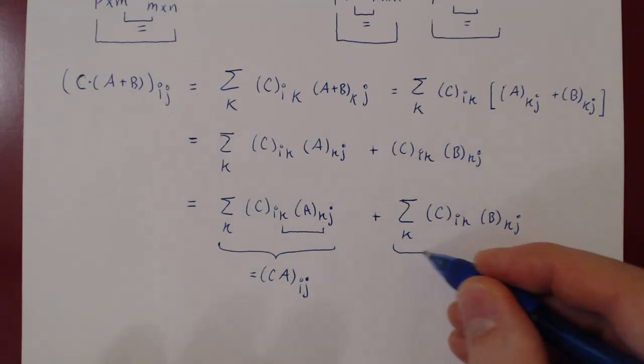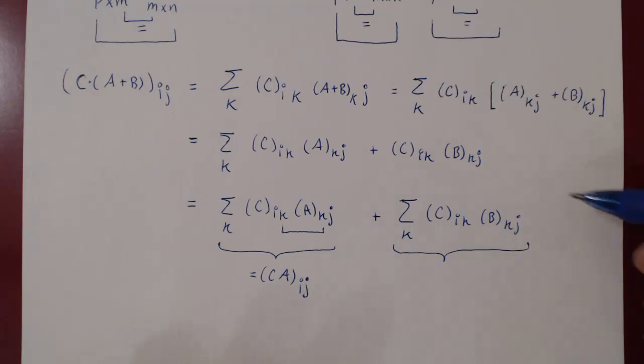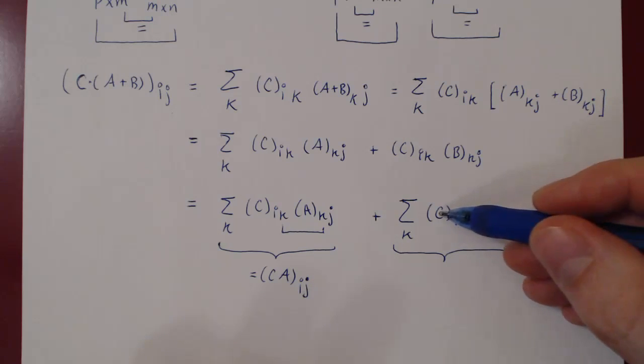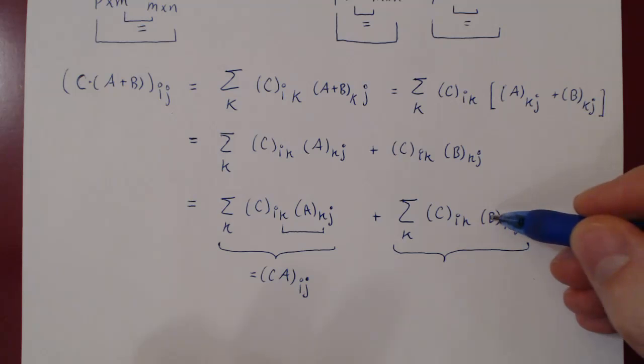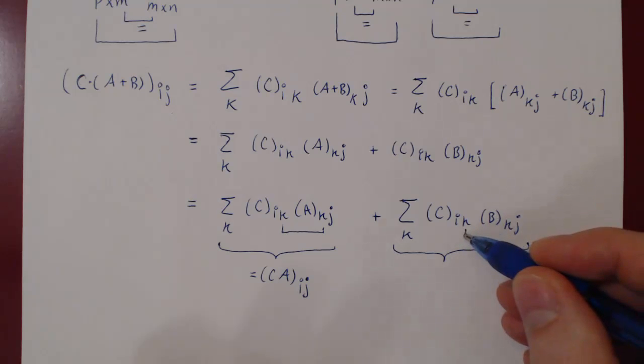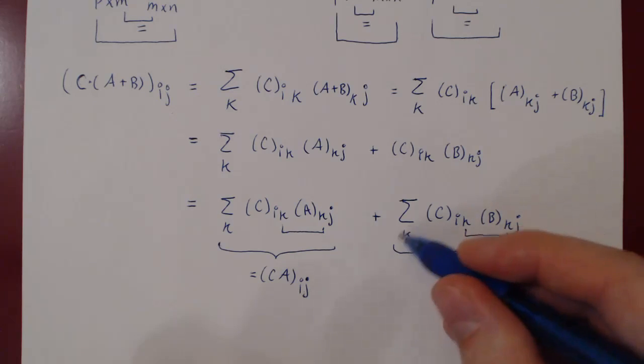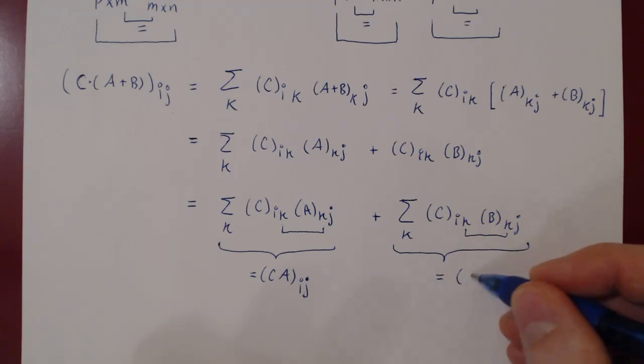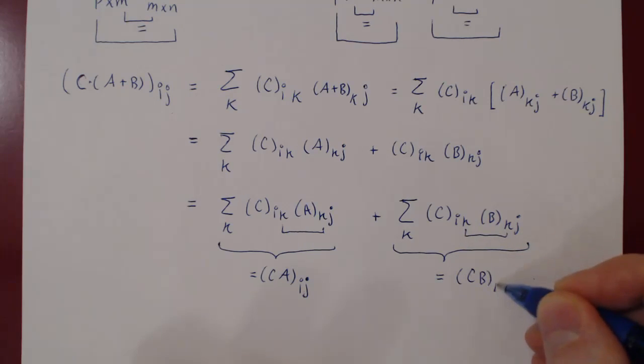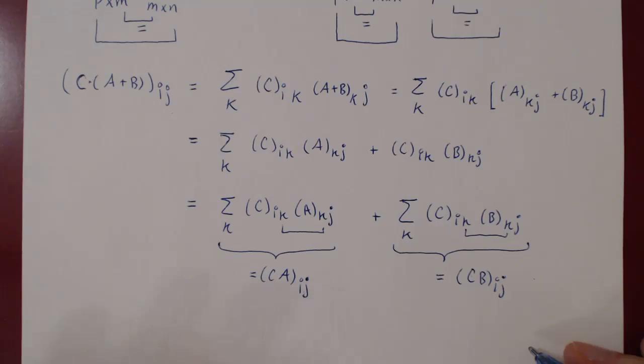And the same goes for our second sum. We can also collapse this one. We take the entries in the ith row of C, jth column of B, we again multiply corresponding entries, and we add them up. This is by definition the entry in matrix CB in the ith row, jth column.